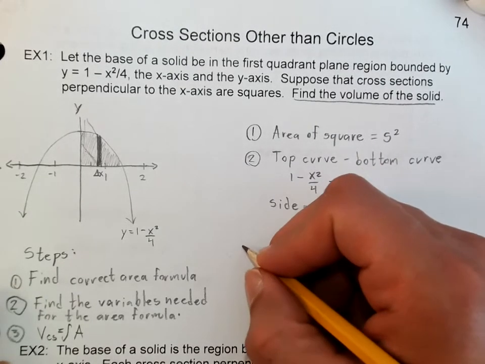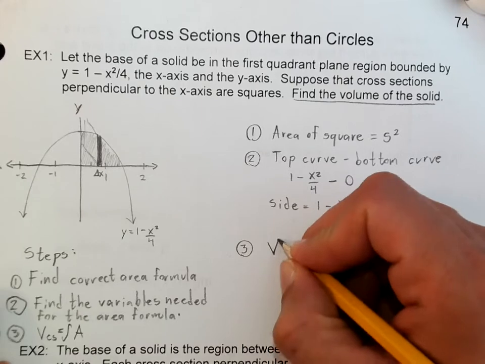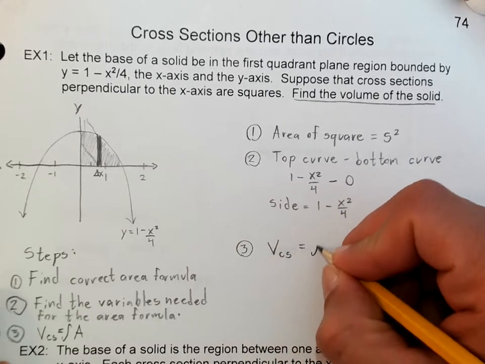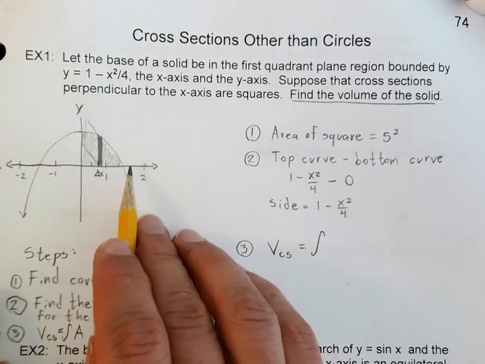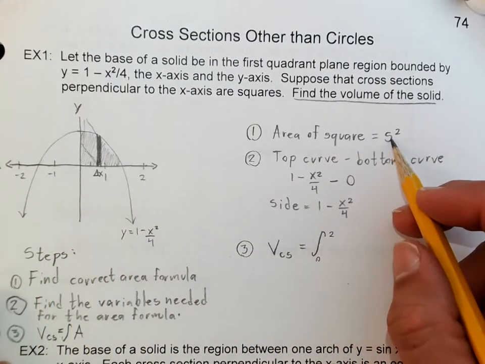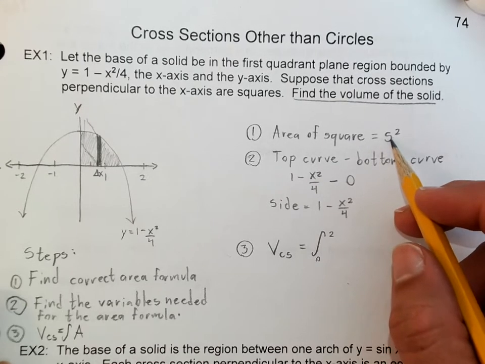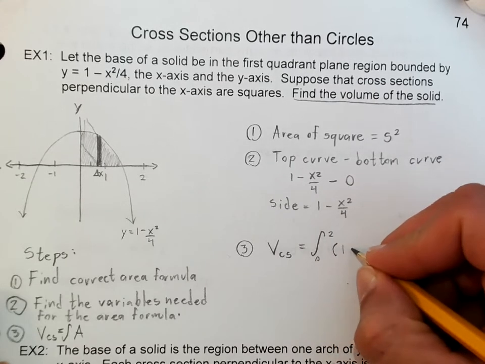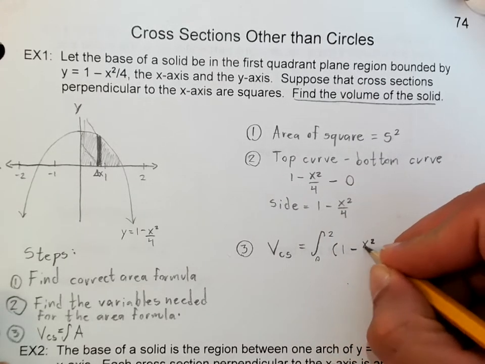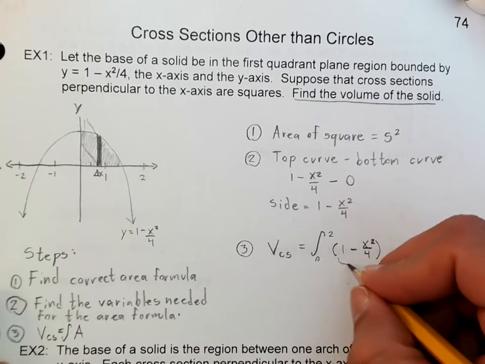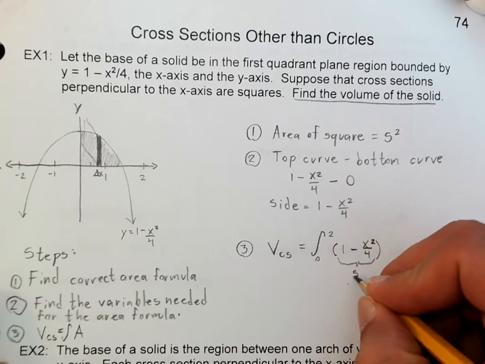So all I have to do now is integrate. This is step number 3. To find the volume using the cross sections, I'm going to go between 0 and 2. And I'm going to put the area formula, which is S squared, but instead of writing S, I'm going to write 1 minus x squared over 4, which, if you remember, is the side.